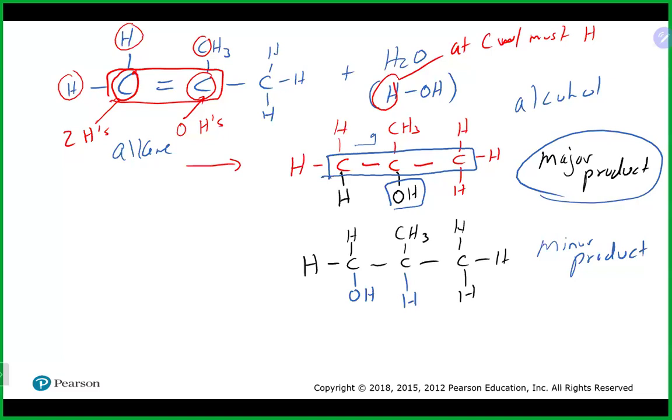So 3 carbons is based off of propane, but because it's an alcohol, it is propanol, OL at the end of it, like alcohol. OH group is located at carbon number, yep, 1, 2, 3. Doesn't matter which way you go in this case, right? The OH is going to be at carbon number 2. That is 2-propanol. Is there anything else there?